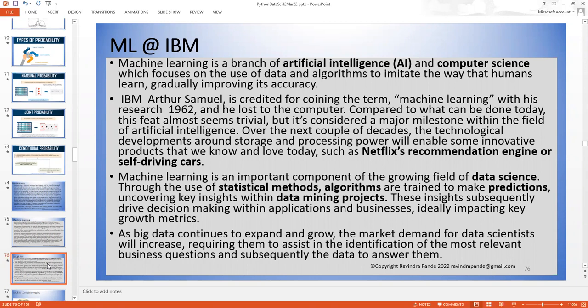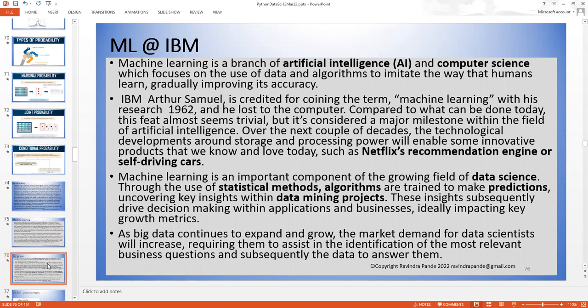Through the use of statistical methods, algorithms are trained to make predictions, uncovering the key insights of a data mining project. Now, as we know, data mining has been there for the last 70, 80 years. Now, what we are trying to do is build some predictive business-like decisions from these data mining solutions. These insights subsequently drive decision making in applications and business, ideally impacting the key growth metrics.